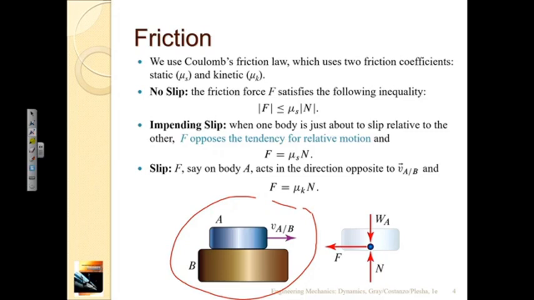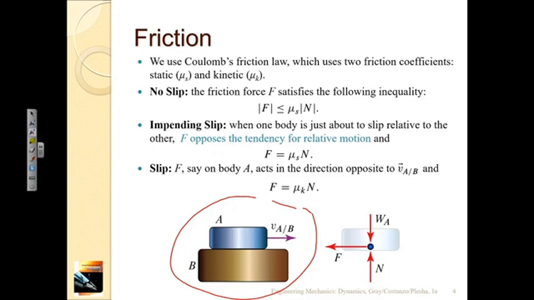So for this problem, we've got that there's some velocity of A relative to B. Okay. This kind of brings us back to last time we got together. So let's say that the velocity of A is 3 meters per second.